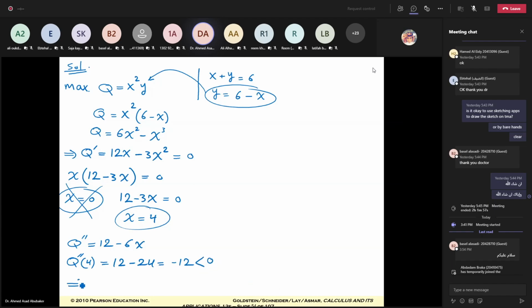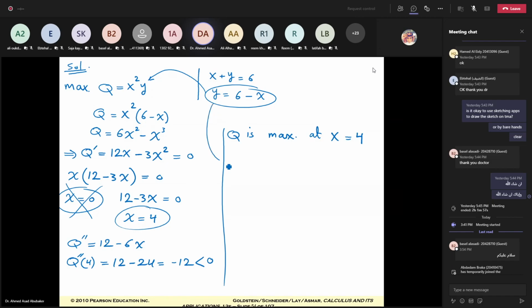So we can conclude that Q is maximum at x equals 4.